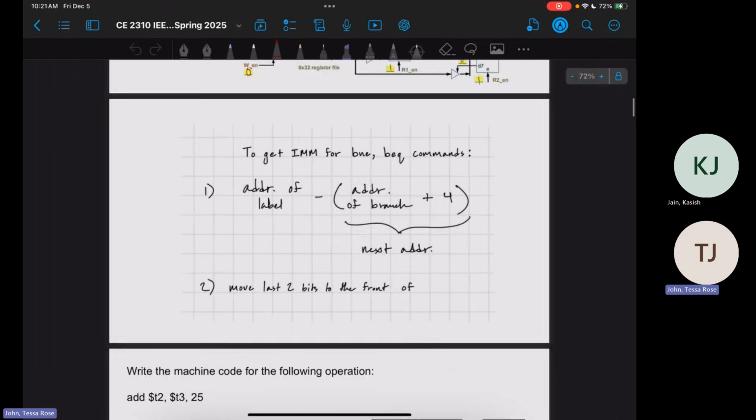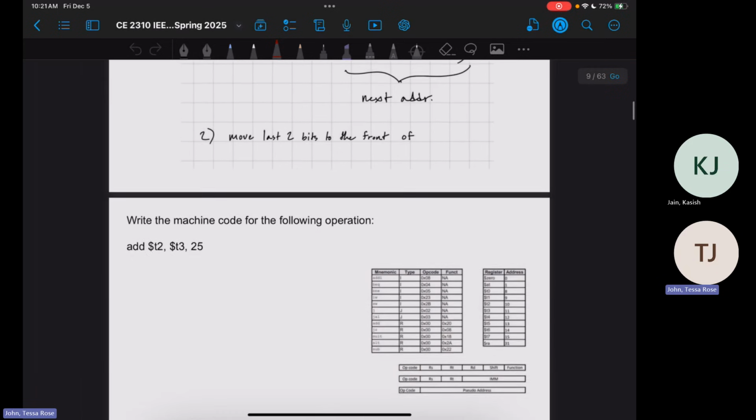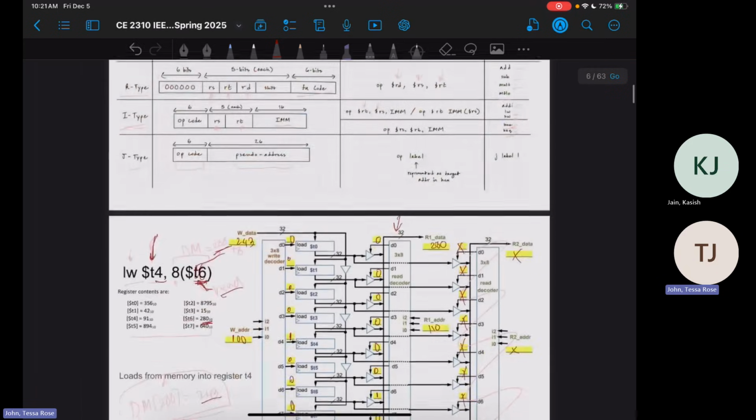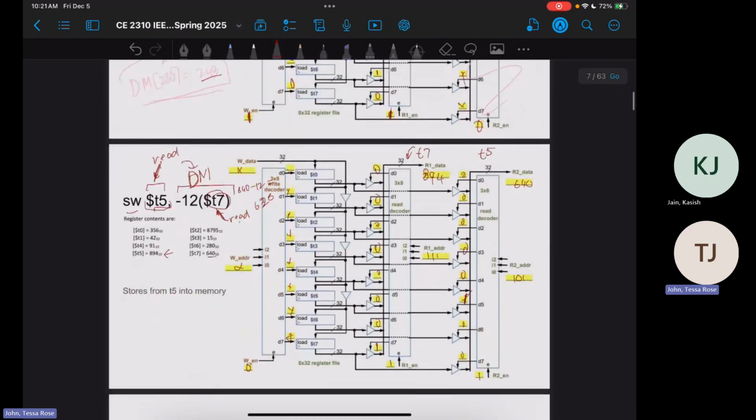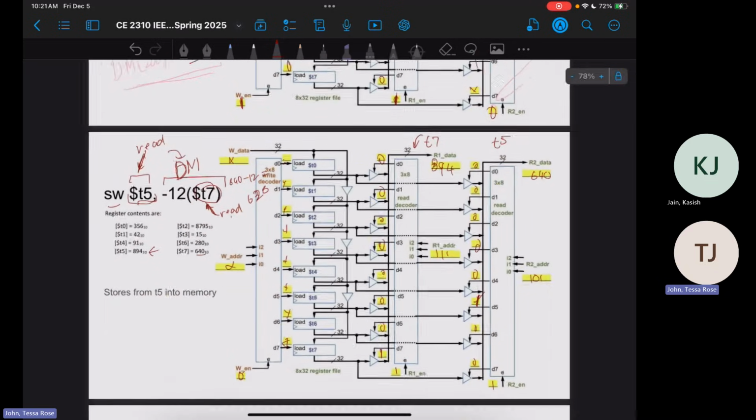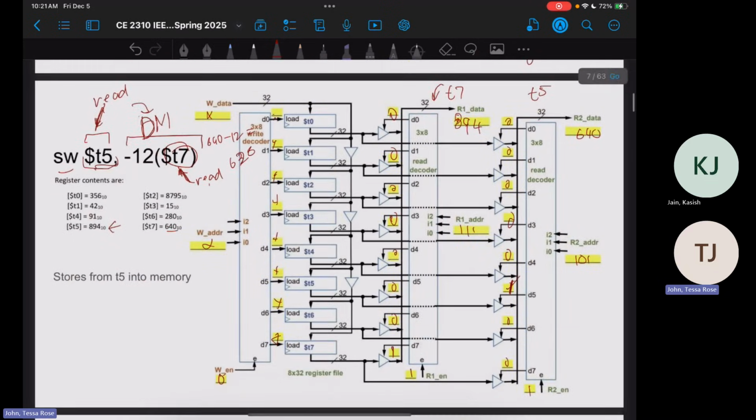Yeah, so this is for the BNE and BEQ. Sorry, can you scroll back up so we got the value from T7? Yes. 6. Oh, I switched it. My bad. Should be the other way. Okay. So when we apply the negative, we don't put the -12 there. We just take the straight value.